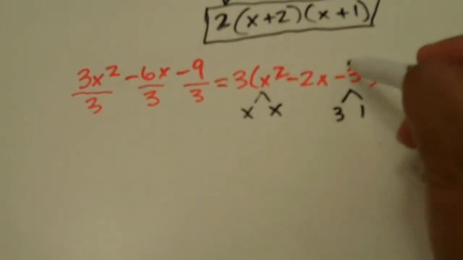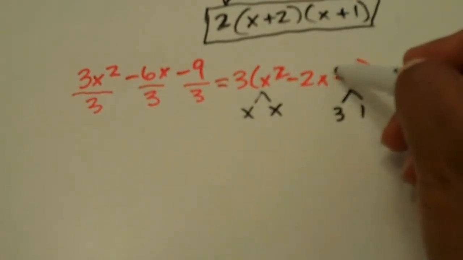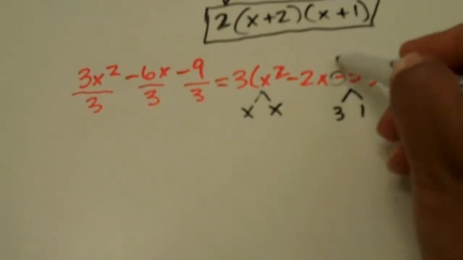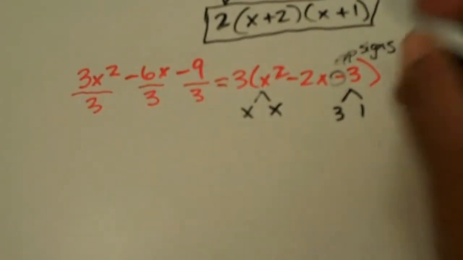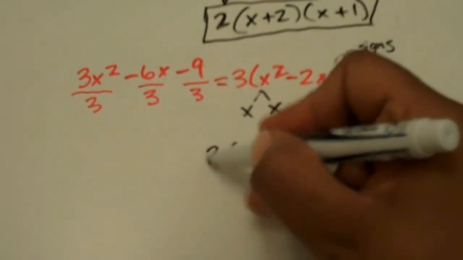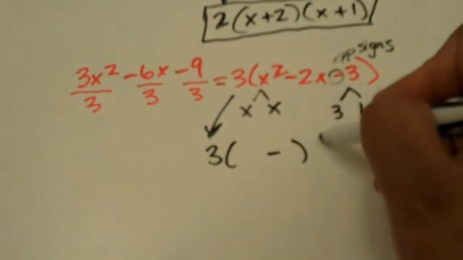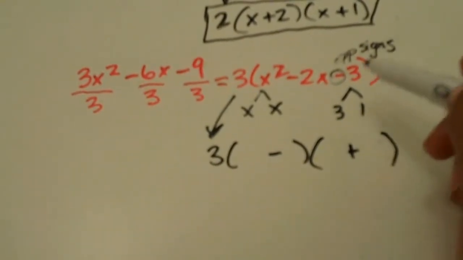So now let's look at our signs. Our sign here is negative. The only way we can get a negative number is to multiply opposite signs. So we know when we factor this, I'm going to keep my 3 coming down, we're going to have opposite signs, plus and minus.